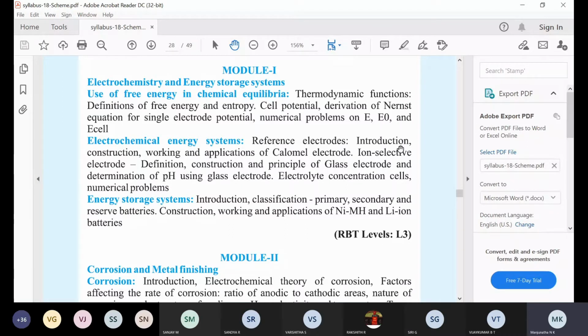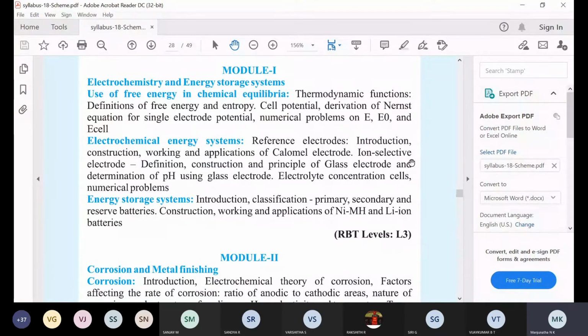See, these are the 5 modules you have in your engineering chemistry syllabus, in which the first module is electrochemistry and energy storage system. In this module we are going to discuss thermodynamic functions, in which there are 2 thermodynamic functions in your syllabus: one is entropy and the other is free energy.